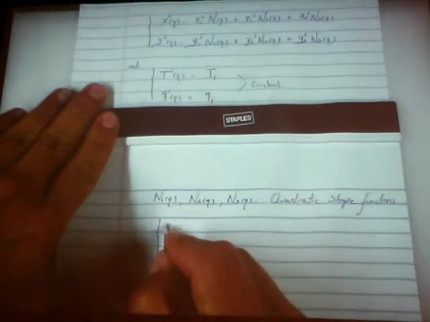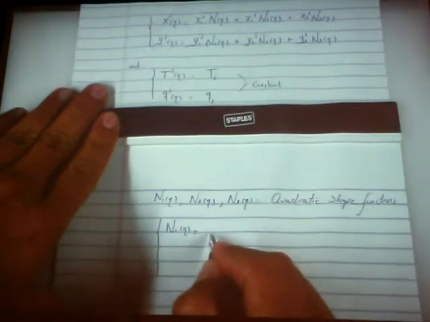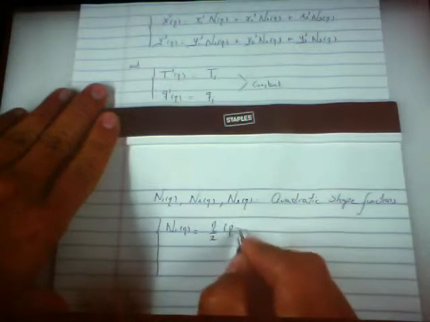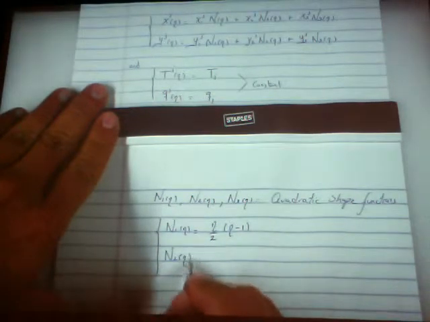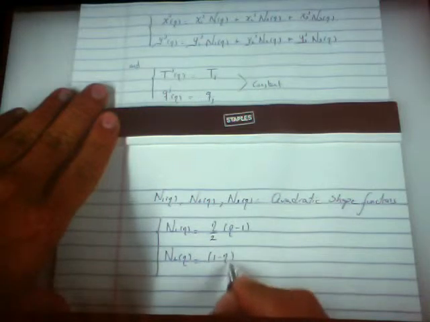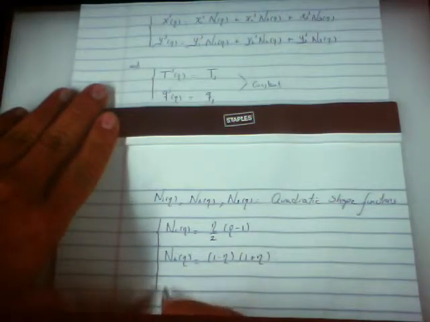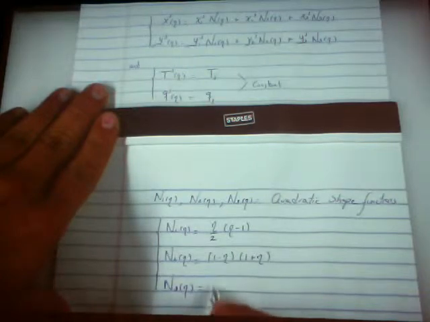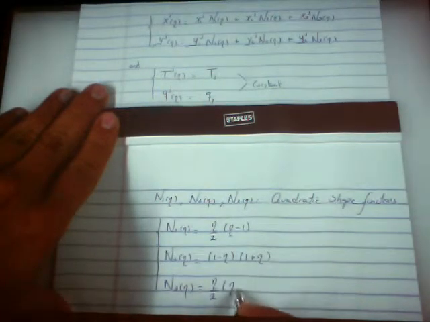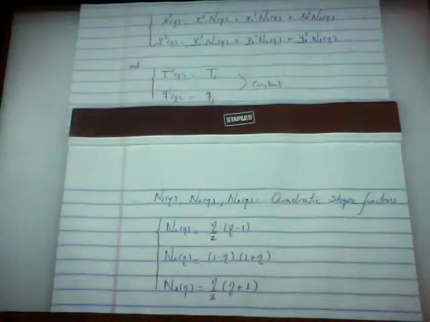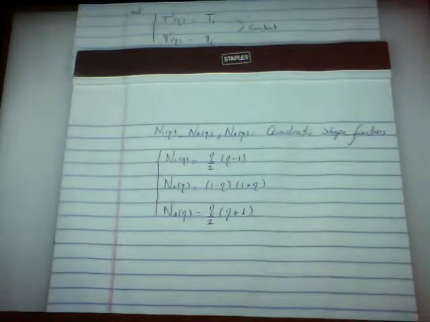So these basis functions will be eta over 2 times eta minus 1, 1 minus eta squared, and eta over 2 times eta plus 1. Right?